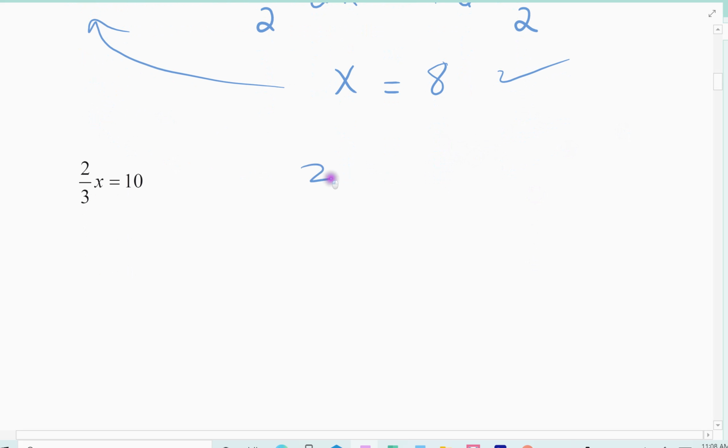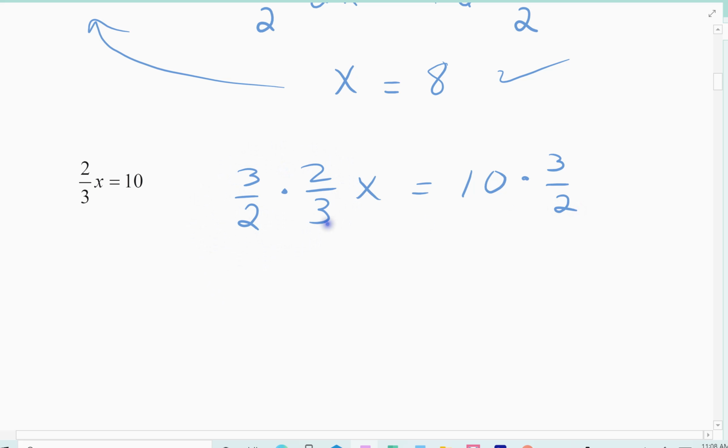The second example is the same idea. I have to solve for x. I need to get rid of the 2/3. To get rid of the 2/3, I multiply by its reciprocal, 3/2. Whatever I do to one side of the equation, I have to do to the other side. The reciprocals cancel each other out. They undo one another. That's why they're called inverses.